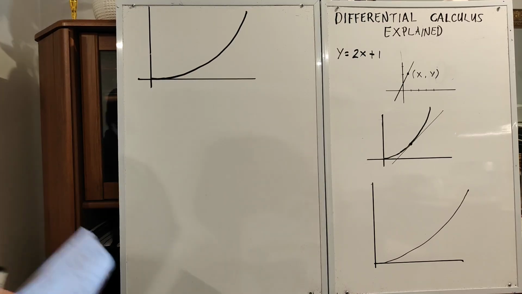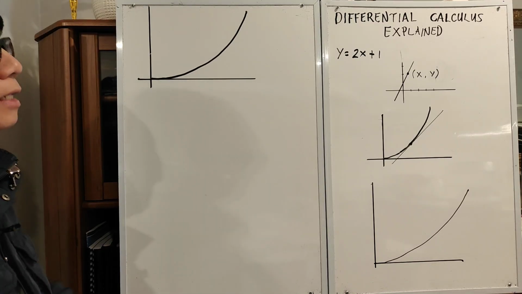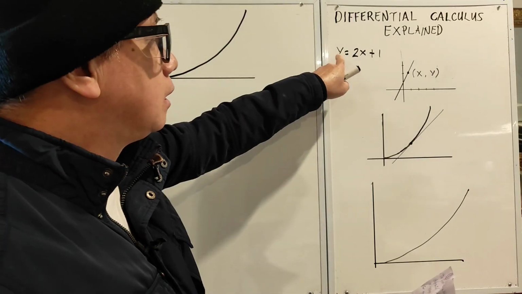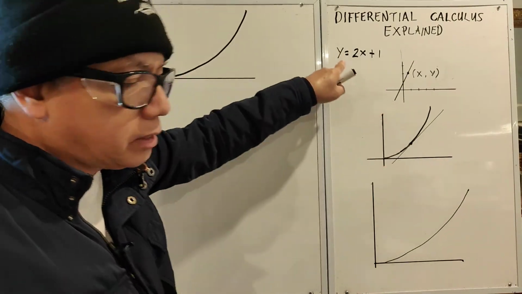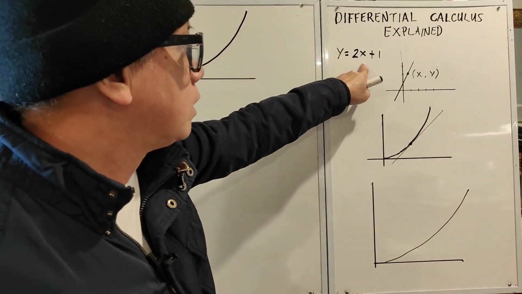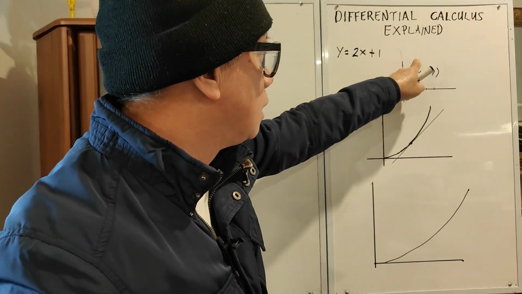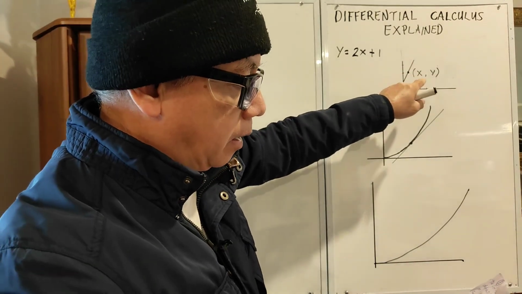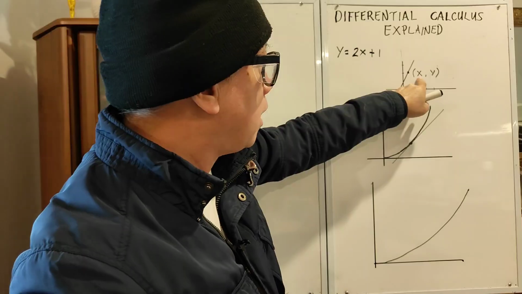The first thing to learn about differential calculus is to reassign y in terms of x. For example, we have this equation y is equal to 2x plus 1. So this is the line for our equation. We have a point xy in the graph.